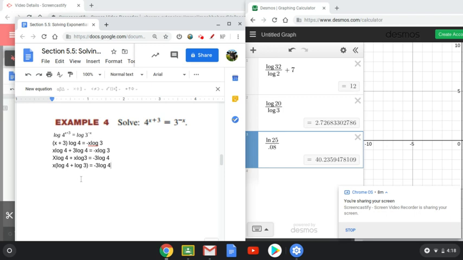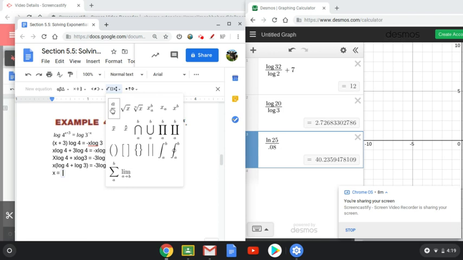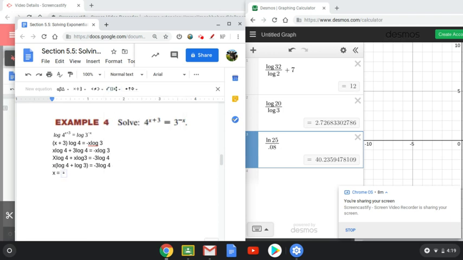How do I get x by itself? Well, the way I have this written, x is being multiplied by this whole thing in parentheses here. So how do I get that to the other side of the equation? Well, and I'm going to have a really ugly fraction here. I take everything that's in parentheses and I divide it to the other side of the equation. So what I'm actually typing in Desmos looks like this.